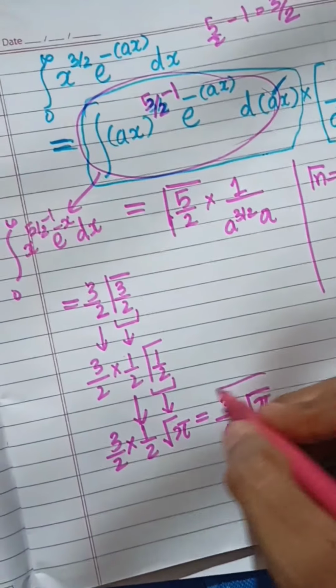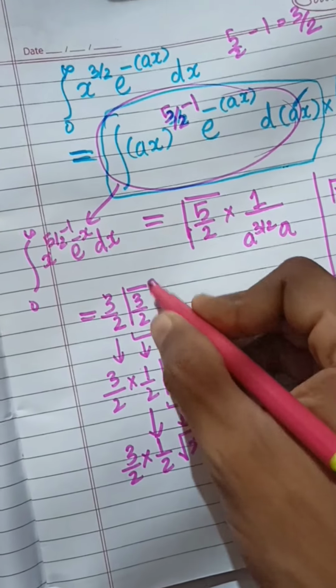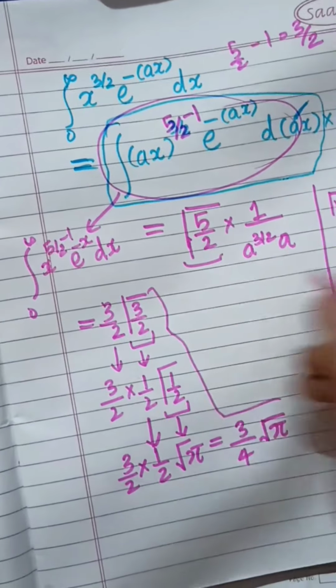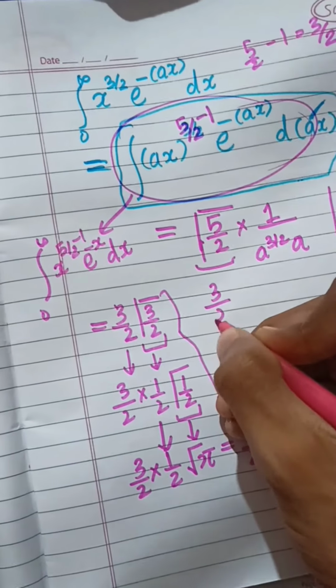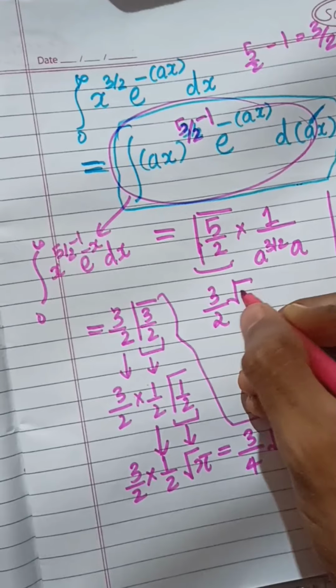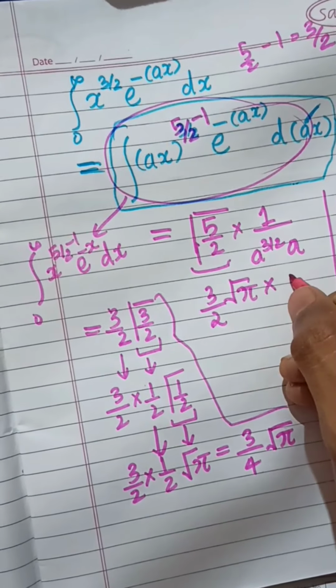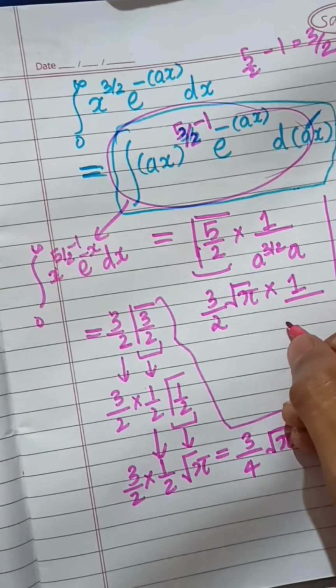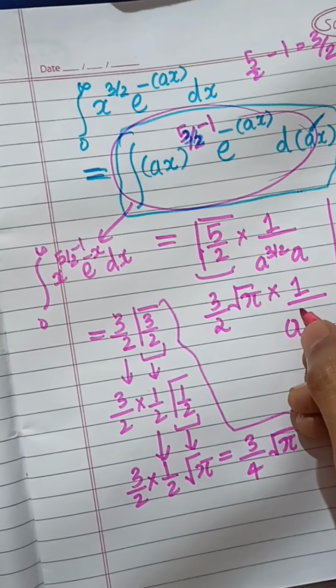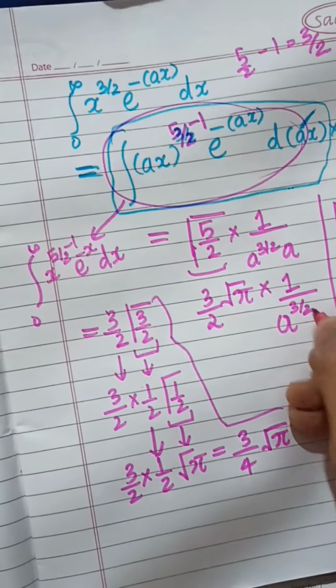So I put that here. We get 3 by 4 root pi times 1 over a to the power 3 by 2 times a.